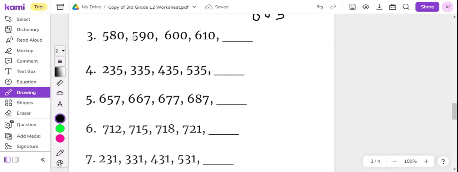Number 3, we have 580, 590, 600, and 610. So each time we see a number, it goes up. So we would take 590 and subtract that by 580. So 590 minus 580.